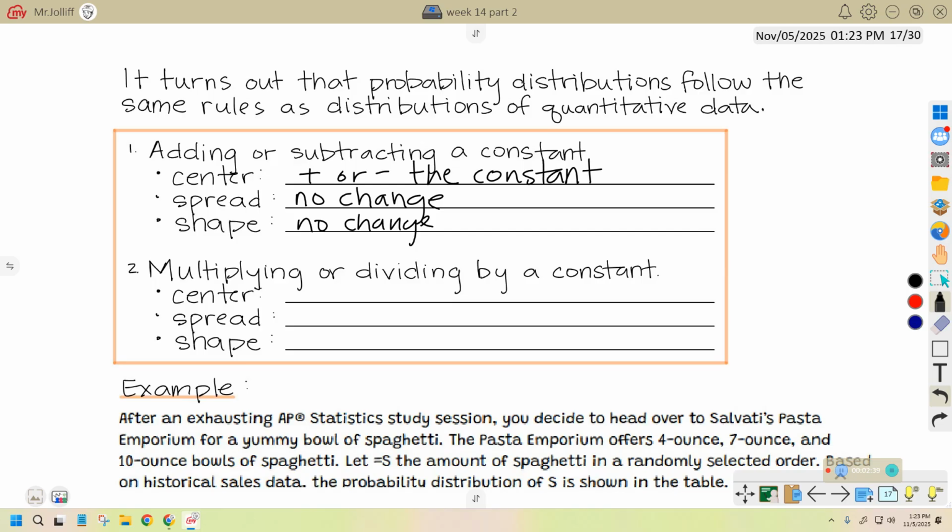Good. Multiplying. Similar idea. If I multiply or divide by a constant, the mean responds the same way the individual data values do. I'm going to multiply or divide by the constant.